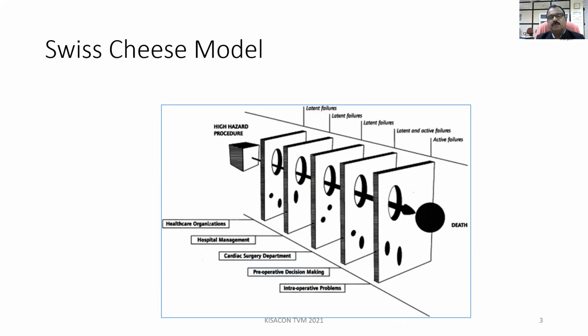We need to have so many occurrences in a row so that this mortality happens. So indirectly, whenever there is a major catastrophe, it is due to the various failures of the system.